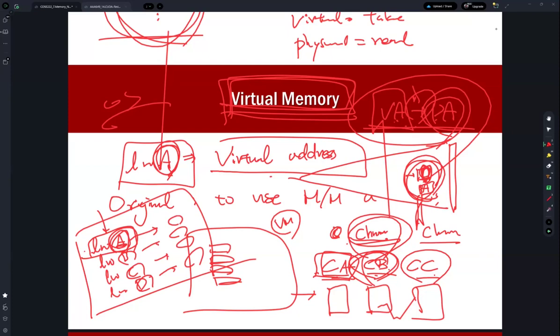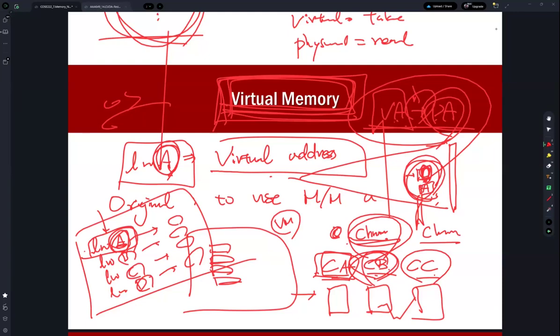Do you understand? Until now, I explained the load word as directly accessing the physical main memory, but actually this load word accesses the virtual memory space, and the operating system converts the virtual memory address to the real physical memory space. So this is the virtual memory concept.